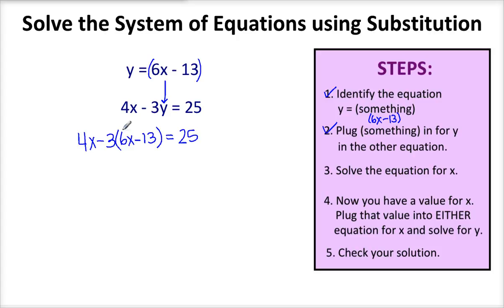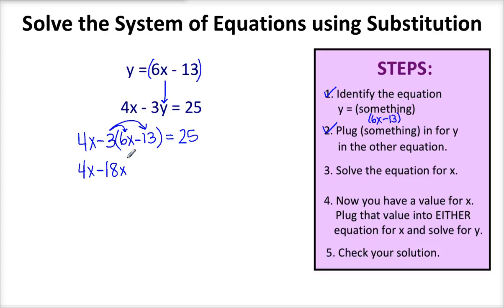First we need to simplify it by getting rid of the parentheses. Parentheses mean that I distribute, so this negative 3 is being distributed across everything in the parentheses. So everything else stays the same. So 4x, but then we have negative 3 times 6x is negative 18x, and we have negative 3 times negative 13.